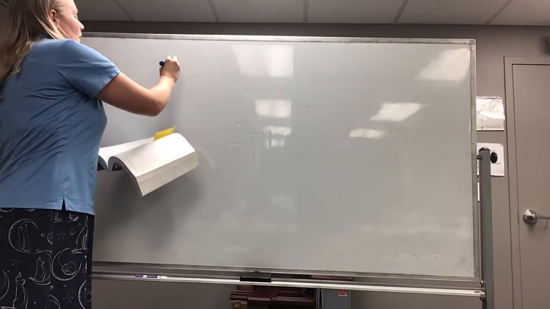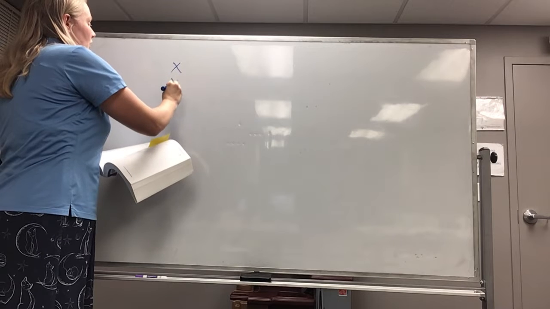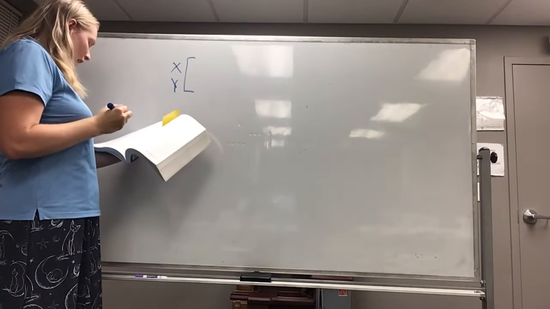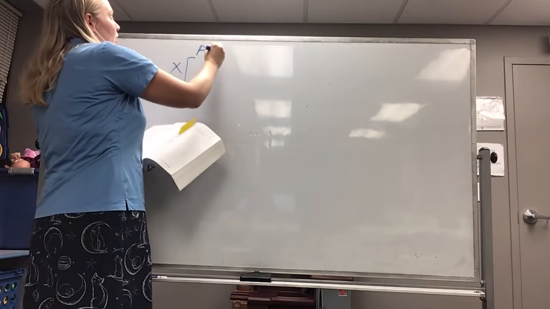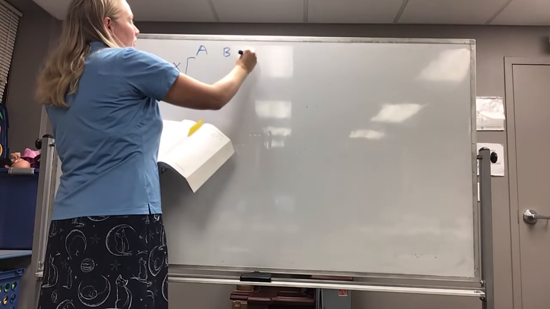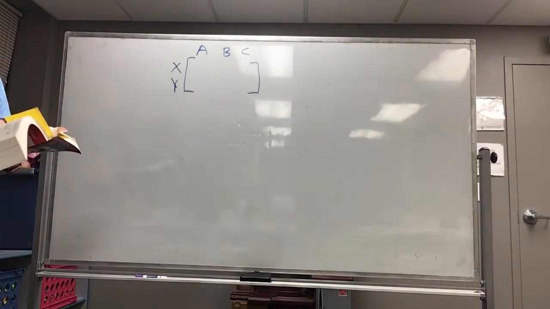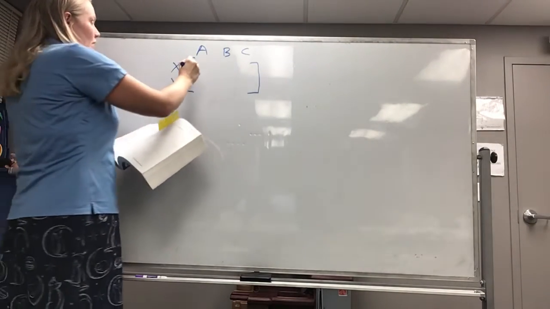So, with matrices, they frequently will have the labels outside as part of the setup, but the matrix itself is just the numbers that allow us to do this manipulation.